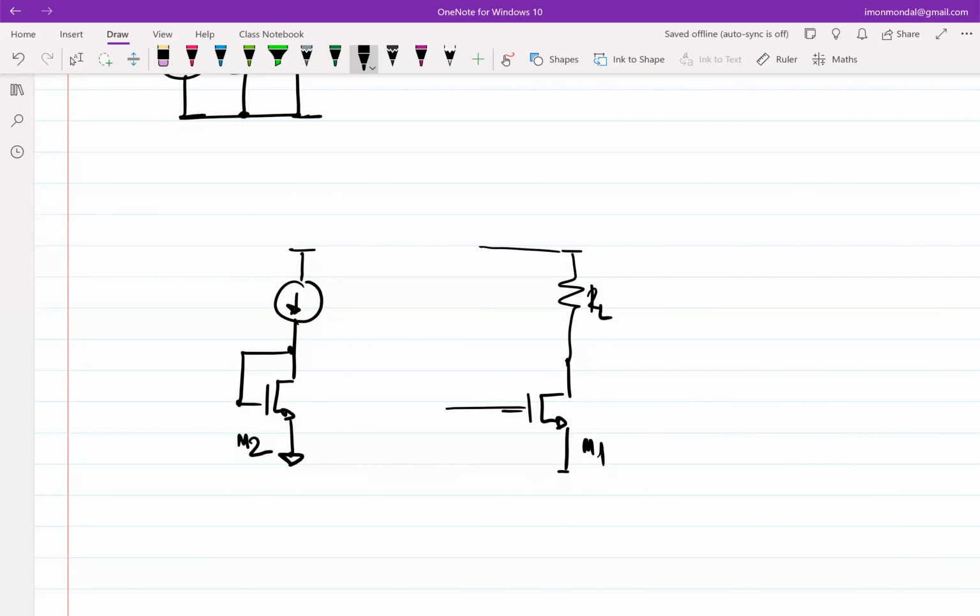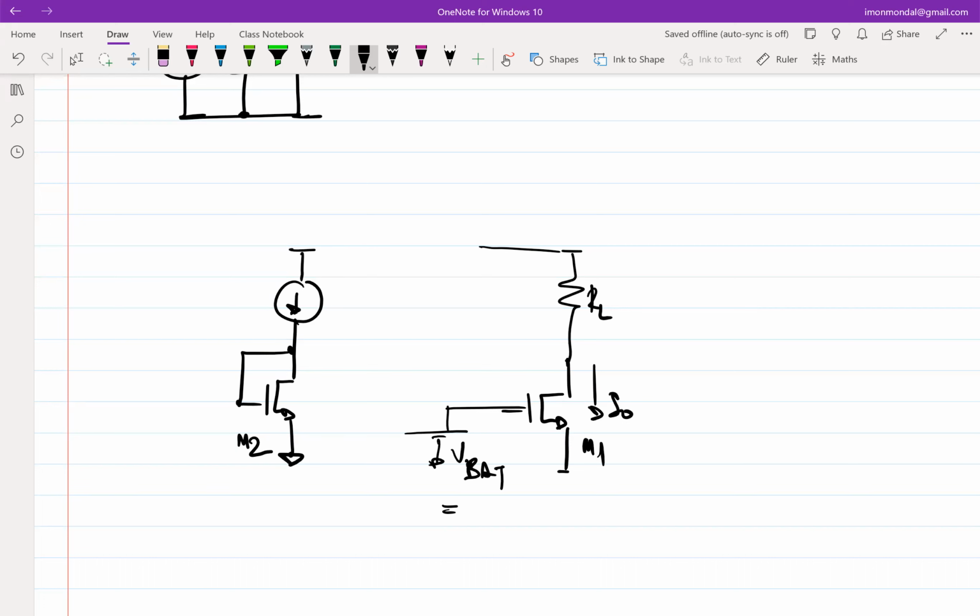So let's say we were using a battery of VBAT, which was supposed to be equal to, if I wanted a current of I0, I write out that equation.